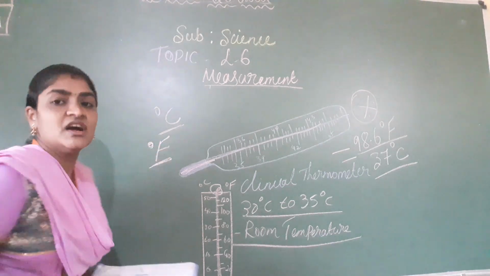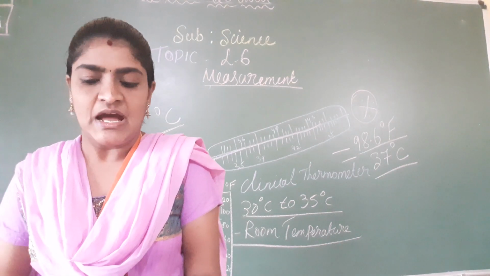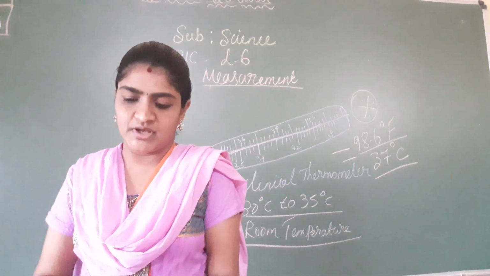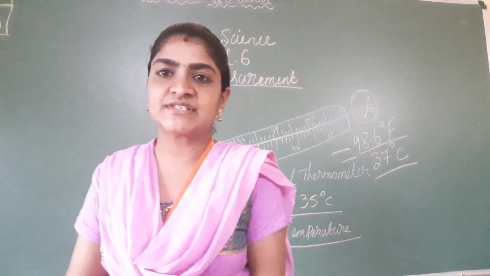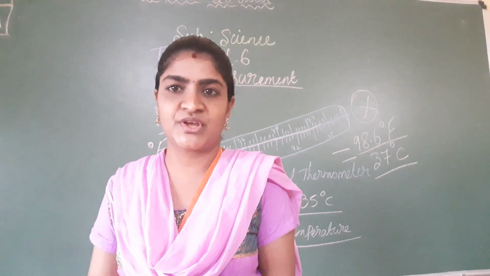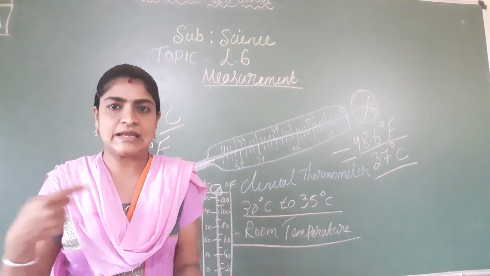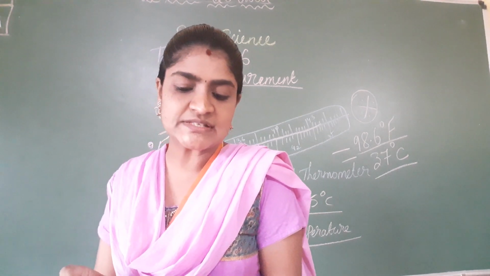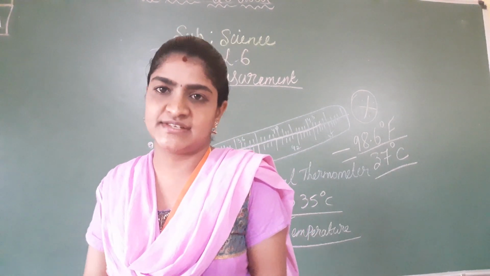Here I have mentioned the degree. Temperature is measured with the help of a thermometer. There are two different kinds of thermometer to measure the temperature. One is a clinical thermometer and the next one is a room thermometer. The room thermometer measures the temperature in degree Celsius.